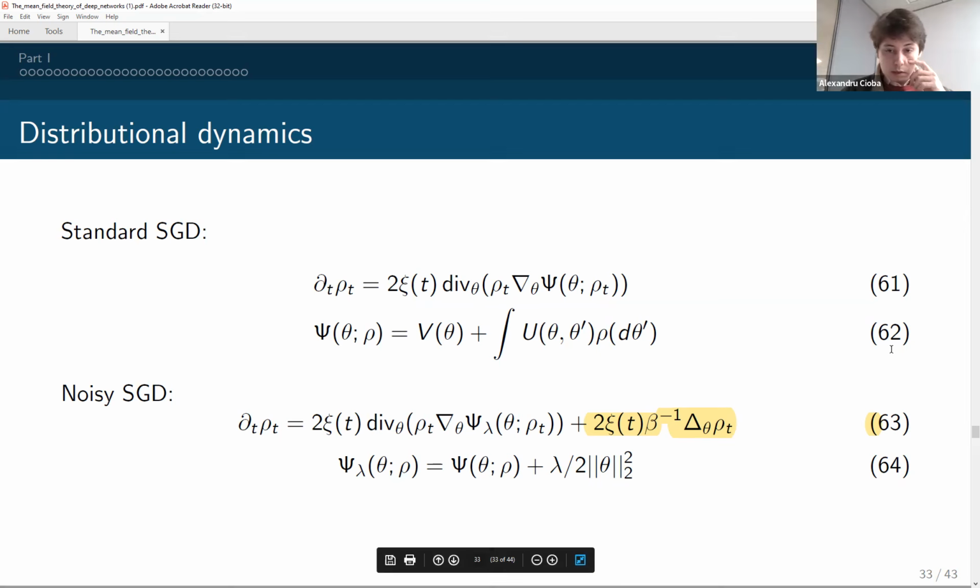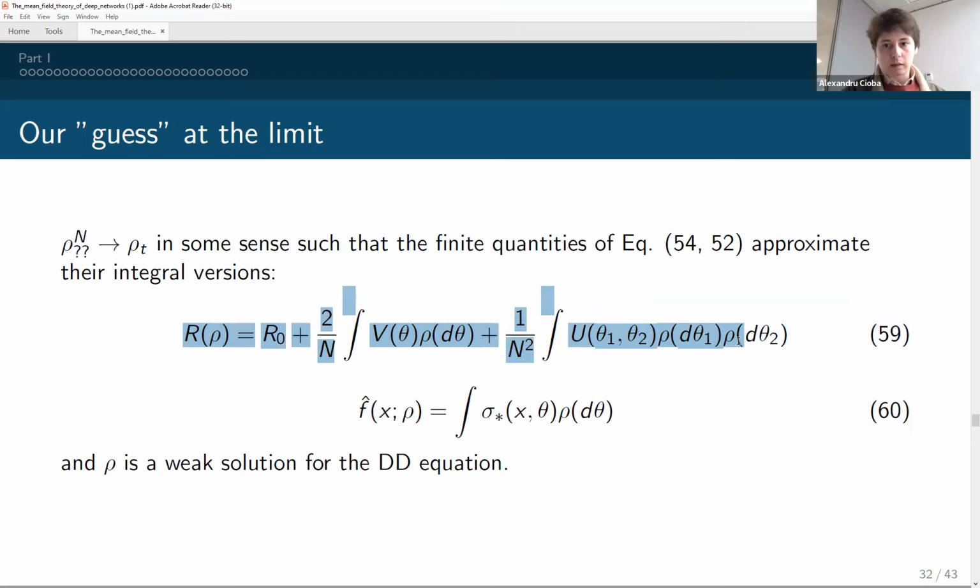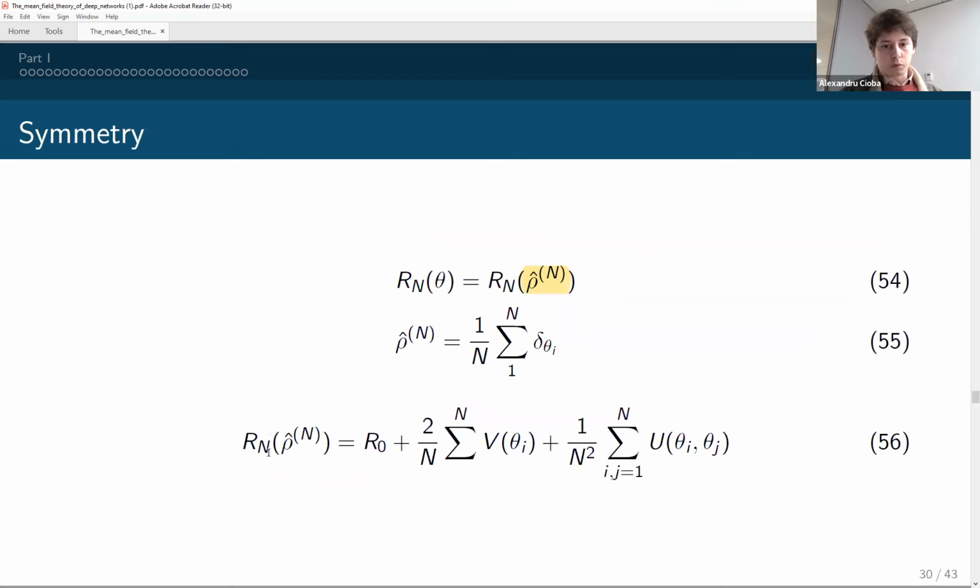And this is because, let me go back, this is again not an approximation of the risk. This is an exact computation of the risk, and also for the finite risk. So if you go back to the finite version of the risk, this is an exact computation. It's quadratic in the parameters because the neural network is a two-layer neural network.